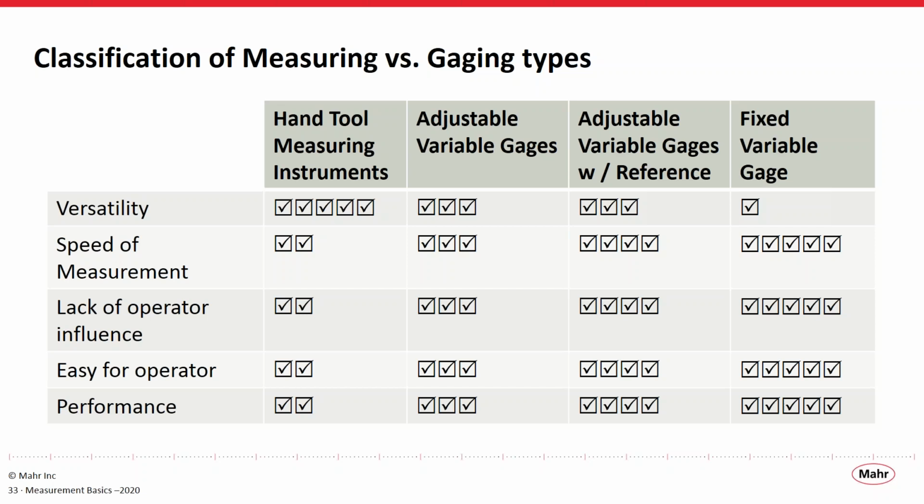So it's not that easy for the operator to use, and generally the performance of hand tools is not as good as some of the variable gauges. Variable gauges get better from the adjustable, then to the reference, and then the fixed variable gauge. The fixed variable gauge gives us the best performance, but again, the least versatility.